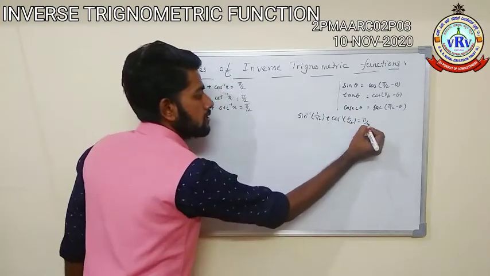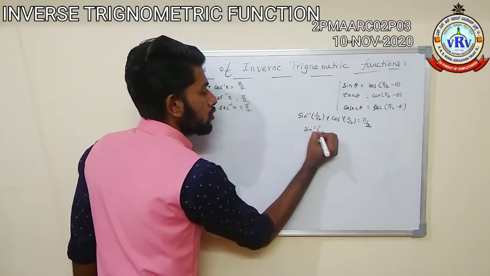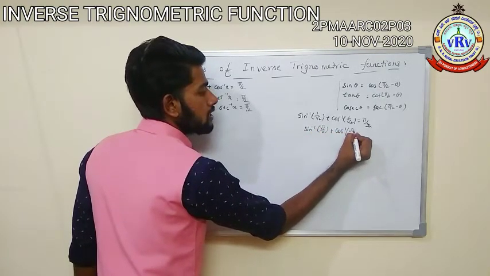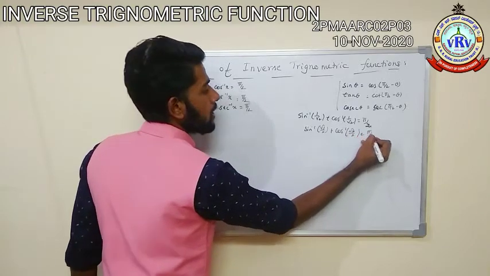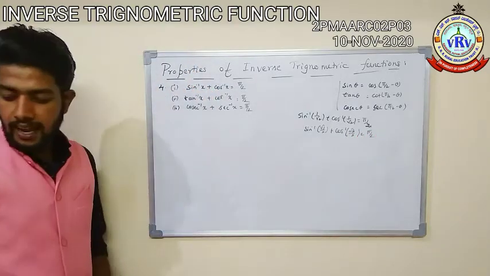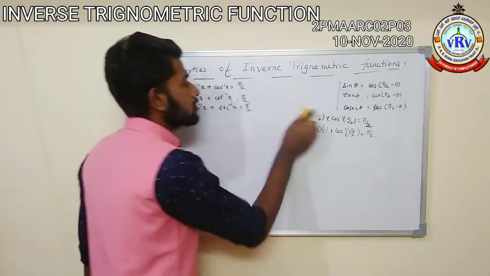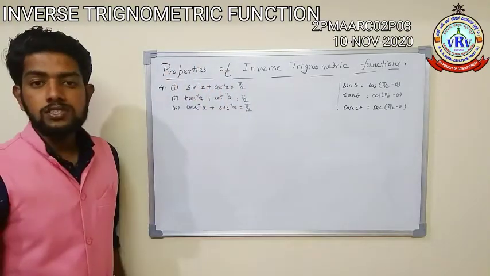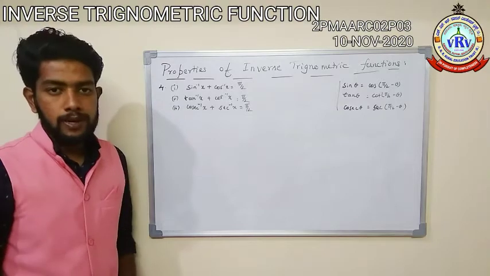Directly you can say. Or sin inverse of root 3 by 2 plus cos inverse of root 3 by 2 is equal to pi by 2. If you take any x, then sin inverse of x plus cos inverse of x is equal to pi by 2.